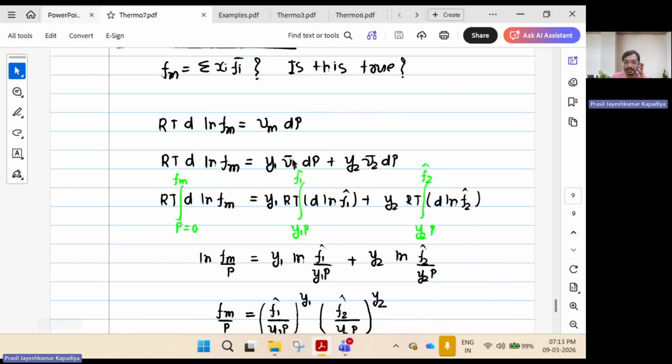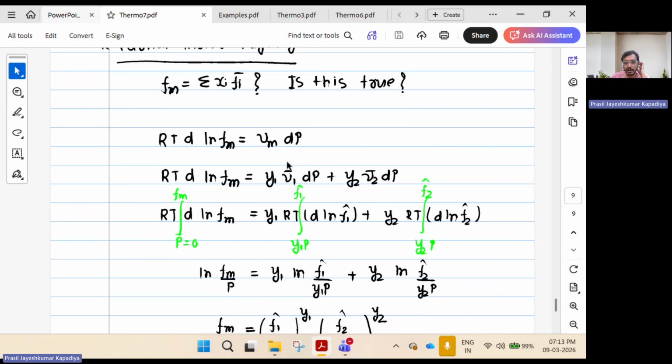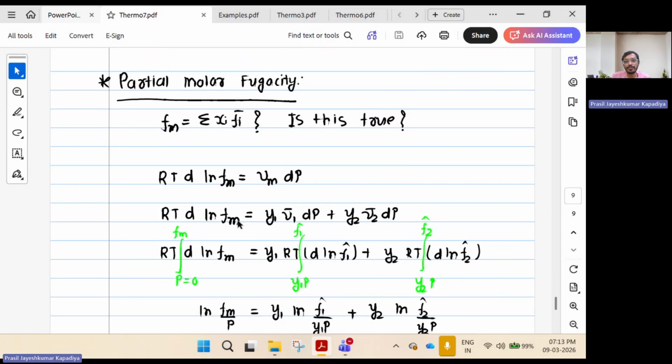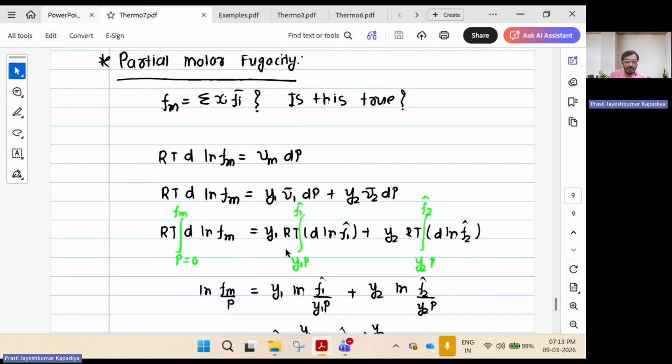Now, if I integrate this equation, what is V1 bar dP? V1 bar dP is nothing but RT d ln f1 cap, plus V2 bar dP is nothing but RT d ln f2 cap. Okay, so these are the fugacity of component 1 in the mixture and the fugacity of component 2 in the mixture. If I integrate this equation with limits, the lower limit for this mixture is some pressure P, to its fugacity fm.